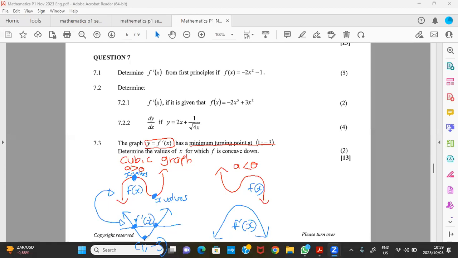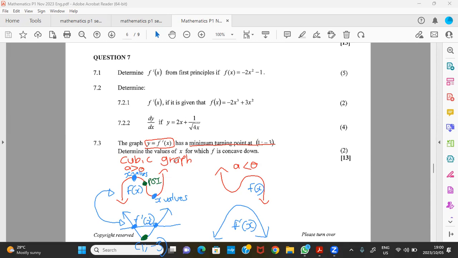Please listen carefully. The turning point on my first derivative is going to represent the point of inflection of my original graph.